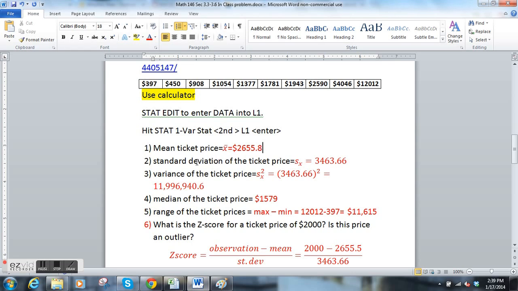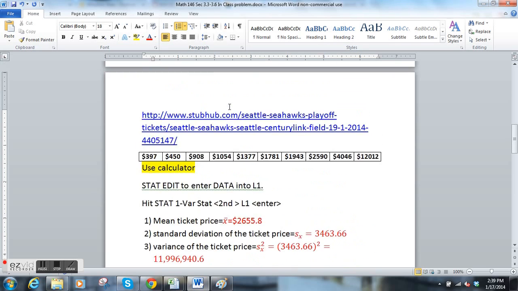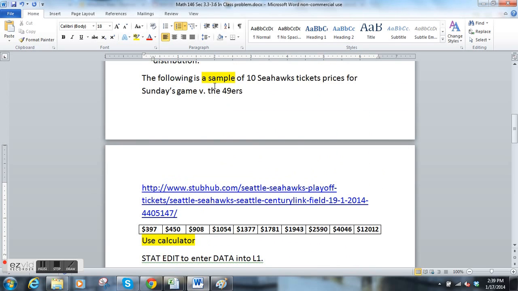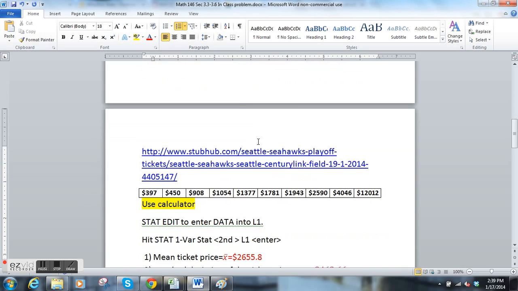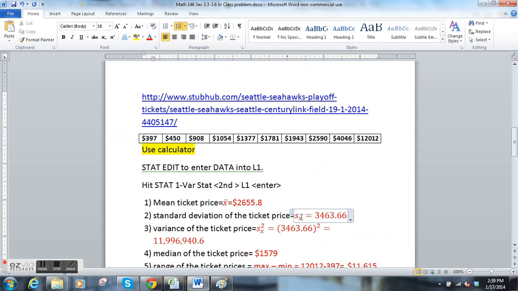The standard deviation of the ticket prices. Because this is a sample, how do you know it's a sample? Because I said the following is a sample of 10 ticket prices. You use Sx in your calculations.